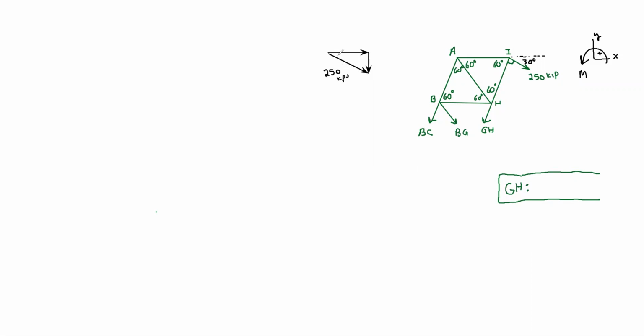That's a 30-degree angle right here. Oh, what the heck? Poltergeist or something. All right, that's 30 degrees. We talked about that in the intro. That makes this 250 times the cosine of 30, which is equal to 216.51 kips.